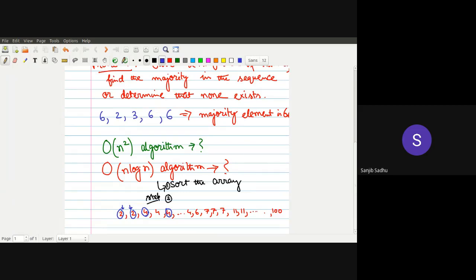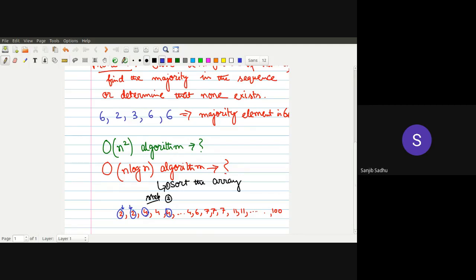If you would like to search an element in the sorted array, how much time will it take? Binary search takes big O of log n. You can search an element from a sorted array in O(log n).